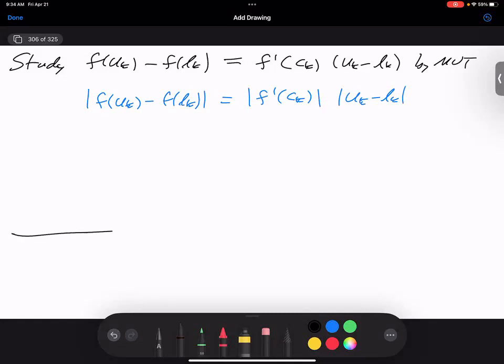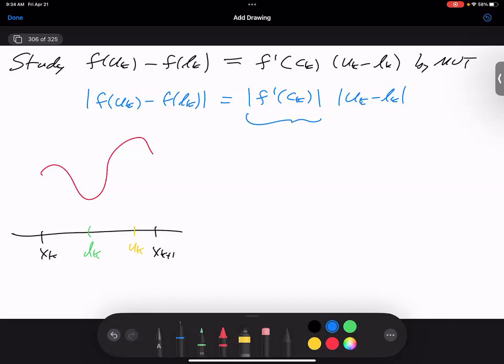And again, we have our function, looks something like this. Here's x_k, here's x_{k+1}, here's u_k, here's l_k. By assumption, what do we know about f prime of c_k?